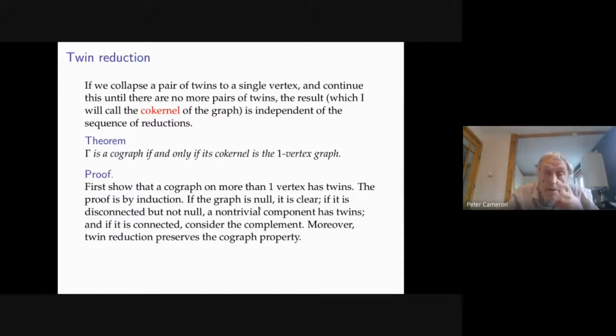But if it's not a null graph, if it has at least one edge, if it's disconnected, then a non-trivial connected component is a smaller cograph and therefore has twins, and they're twins in the original graph. If your graph is connected, then you consider the complement, and we saw that the complement of a connected cograph is again a cograph, but it'll be disconnected, and so this argument will apply.